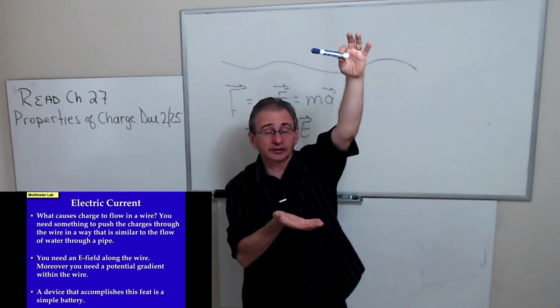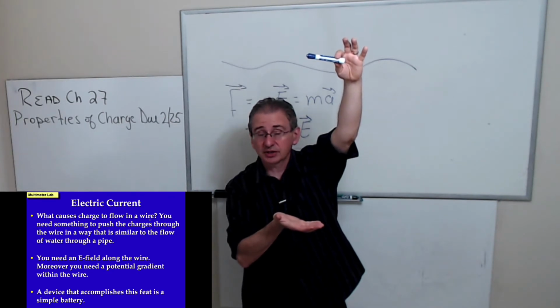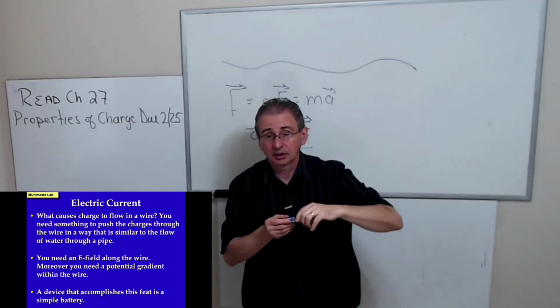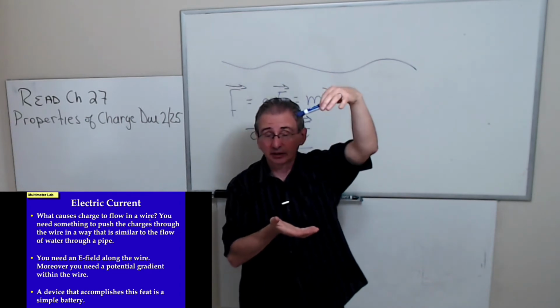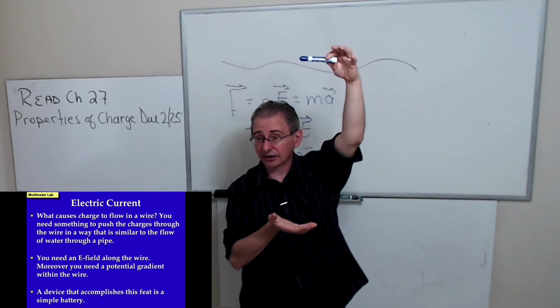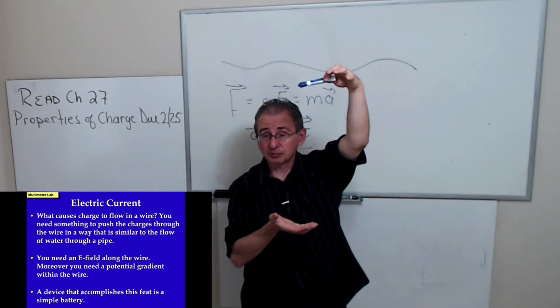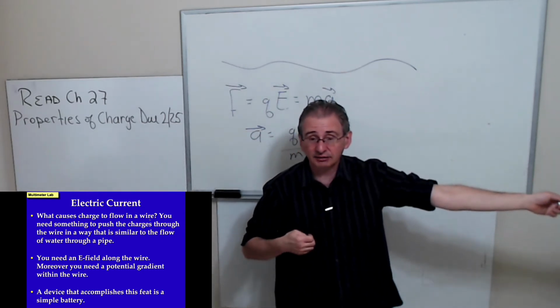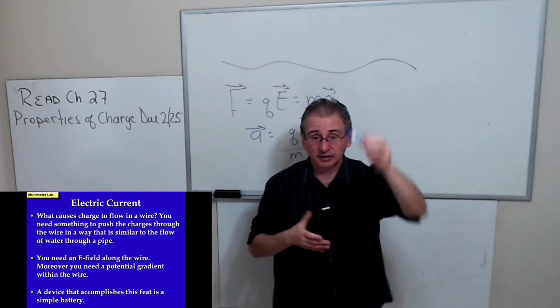I've done work on it, and I stored energy in it. And then when I let it go, the gravitational field does work on it. The decrease in potential energy becomes an increase in kinetic energy of the marker.